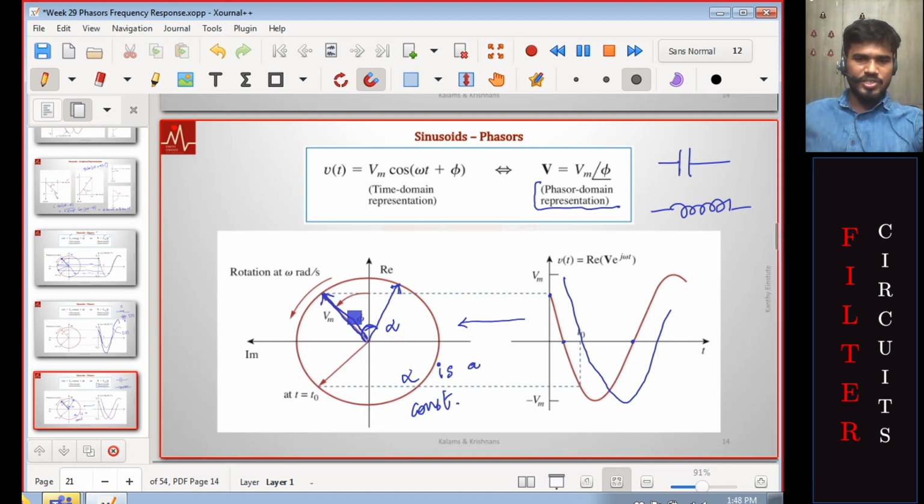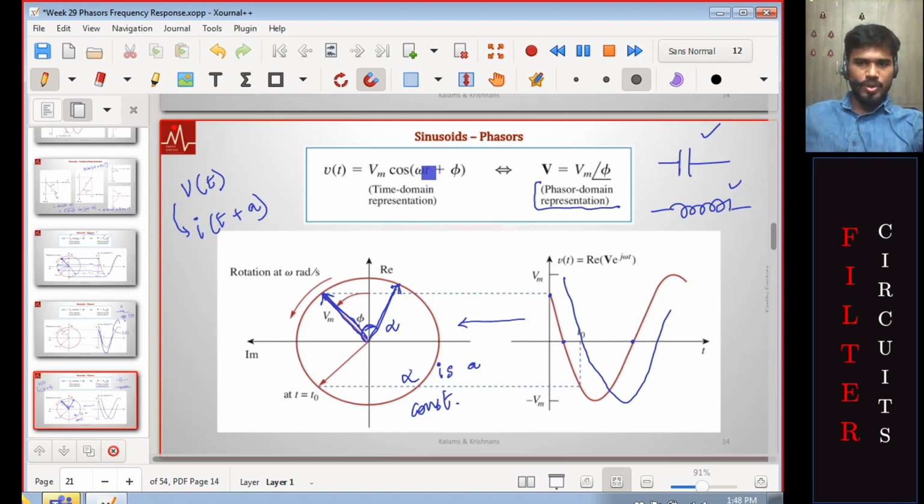Just give me voltage, and with respect to voltage, I will tell you what the current is. That is, give me V of t at any time instant, and I will tell you I of t slightly earlier or later, at t plus a phase. This relation is preserved for capacitors and inductors.